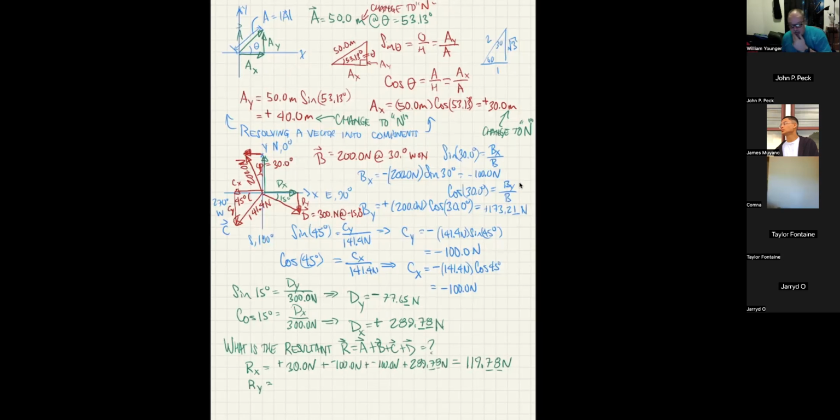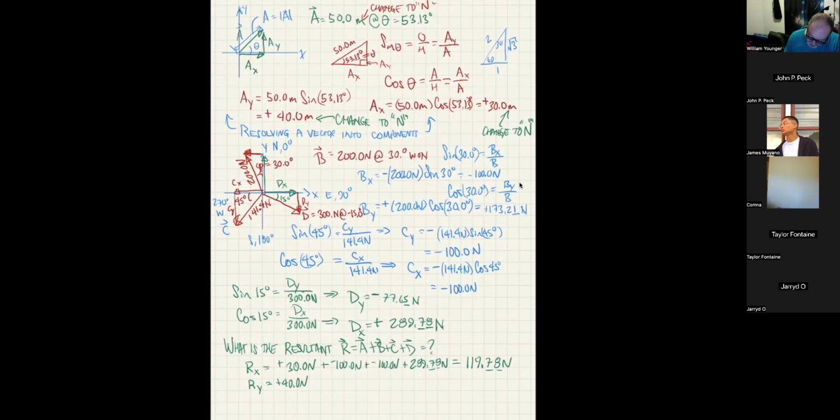So what I've showed you here is how to resolve vectors into components, how to make sure you choose the right sign for them, and then once you have them in components, components just add as long as they're like components, like positive and negative numbers. So A sub y, for instance, is positive 40.0 newtons, again, with my made up part.